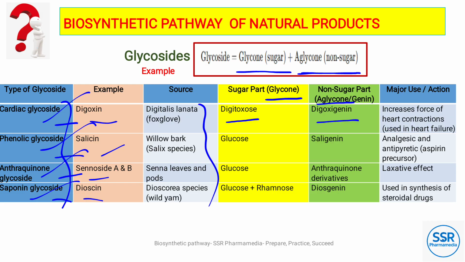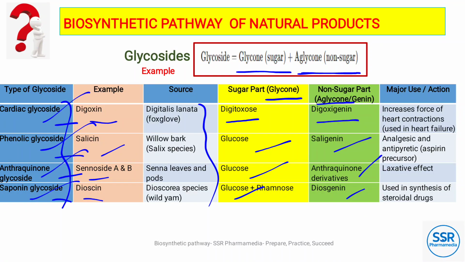In sennosides A and B, the sugar part is glucose and the non-sugar part is anthraquinone derivatives. Dioscin is glucose plus rhamnose and diosgenin.